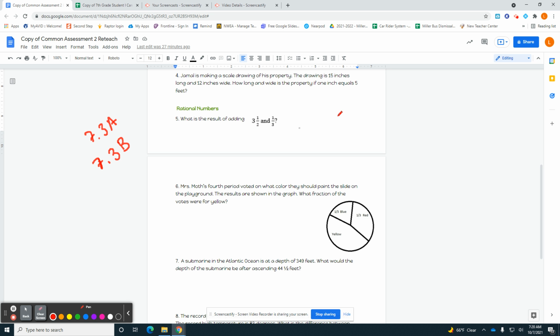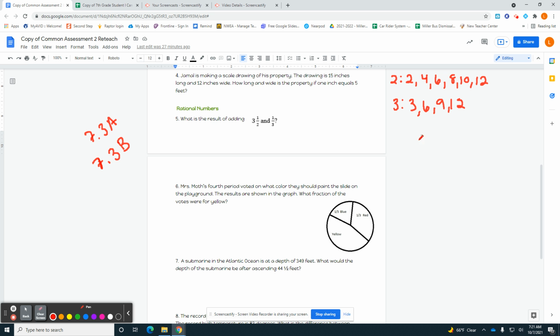So to do that, we're going to list our multiples of 2 and 3 to find the first multiple they have in common. Okay, so we're going to find the least common multiple of these two. So for 2, we have 2, 4, 6, 8, 10, 12. For 3, we have 3, 6, 9, 12.